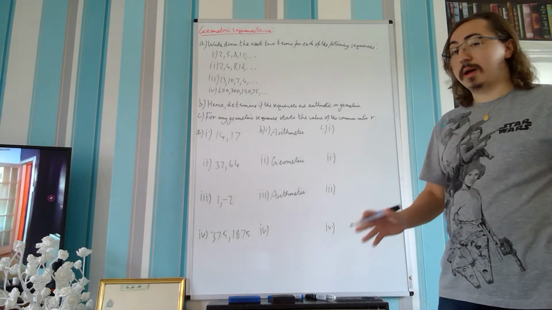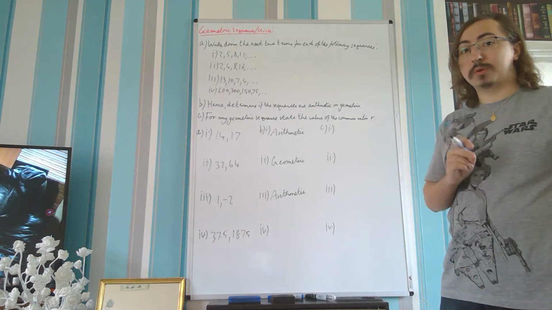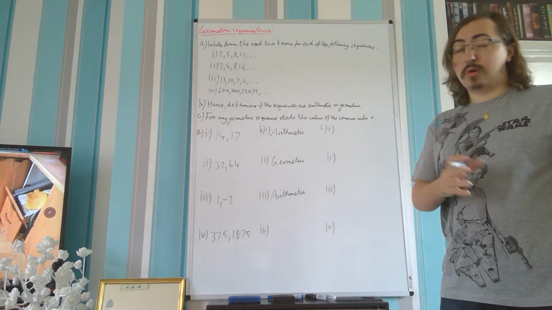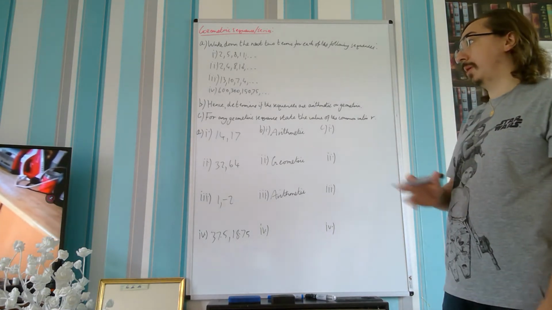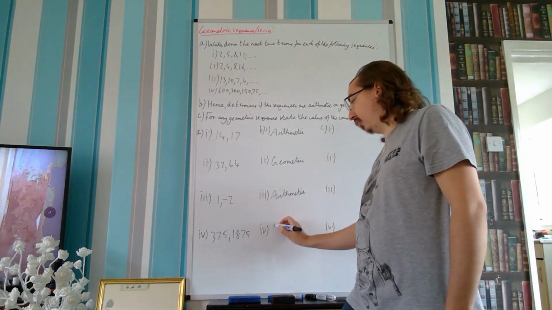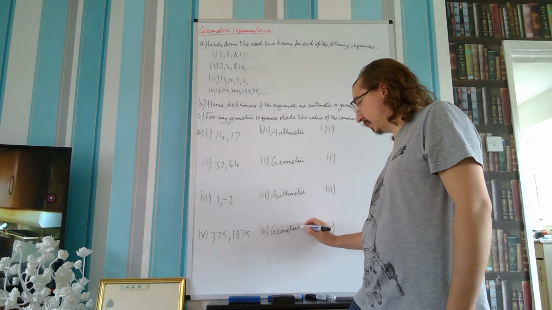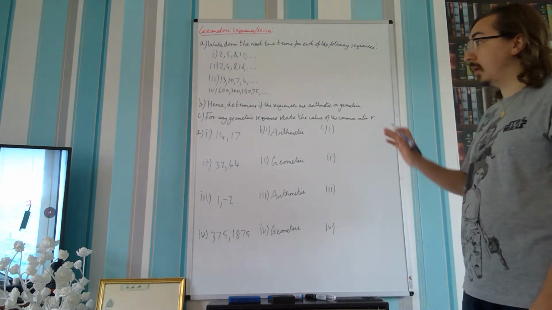And for the last one, 600, 300, 150, 75. So we're dividing by 2 each time, or, as I said, importantly, multiplying by a half. So because there is a multiplication there, or a division, depending on which way you want to view it, that makes this a geometric sequence.